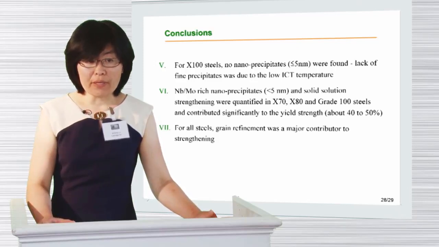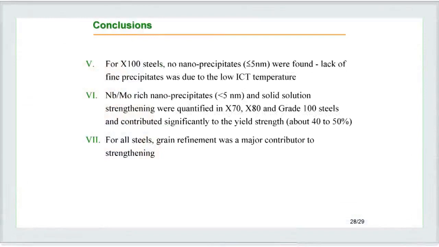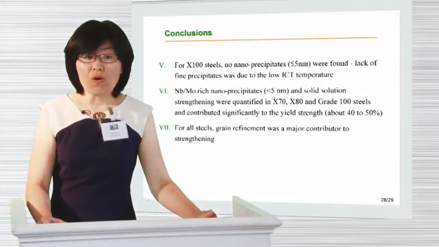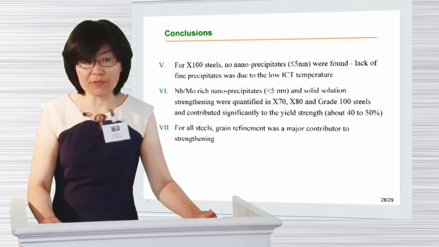This may be due to the low interrupted cooling temperature of these three steels. Niobium-molybdenum-rich nano-sized precipitates and solid solution strengthening were quantified in X70, X80, and grade 100 steels, and they contribute significantly to the yield strength. It is about 40 to 50%. The last is that for all steels, grain refinement was a major contributor to strengthening of these microalloyed steels.